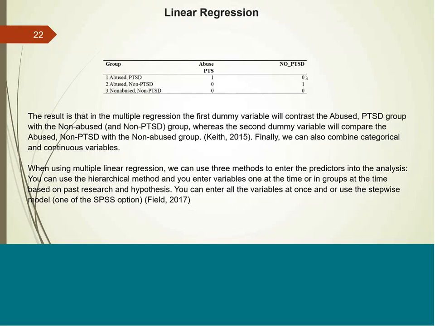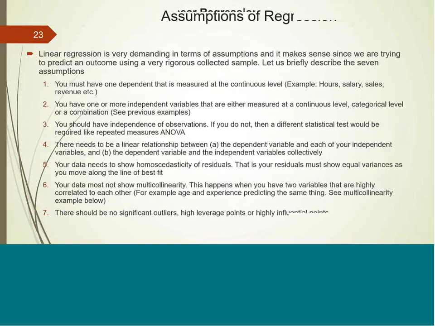Hierarchical method, you enter 1 at a time, and that will be based on past research and hypothesis. You can enter all the variables at once, or use the stepwise model, something that Field doesn't recommend. You can go ahead and check the book for the reasons he doesn't like it.